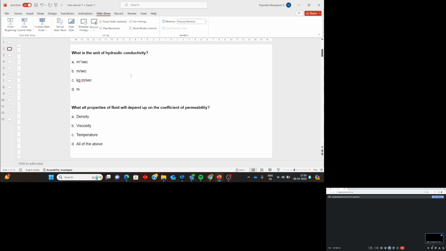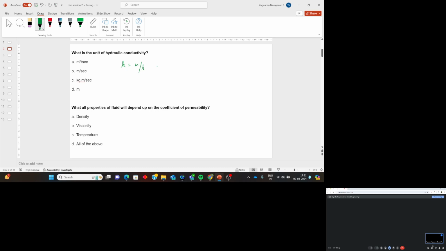Option C, kilogram meter per second. And option D, meters. Essentially we know that hydraulic conductivity is denoted as K, which takes the unit of meter per second.